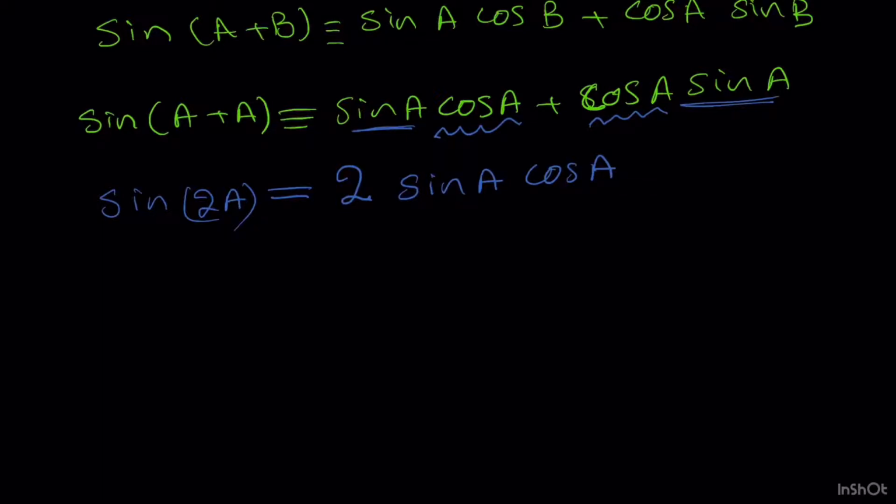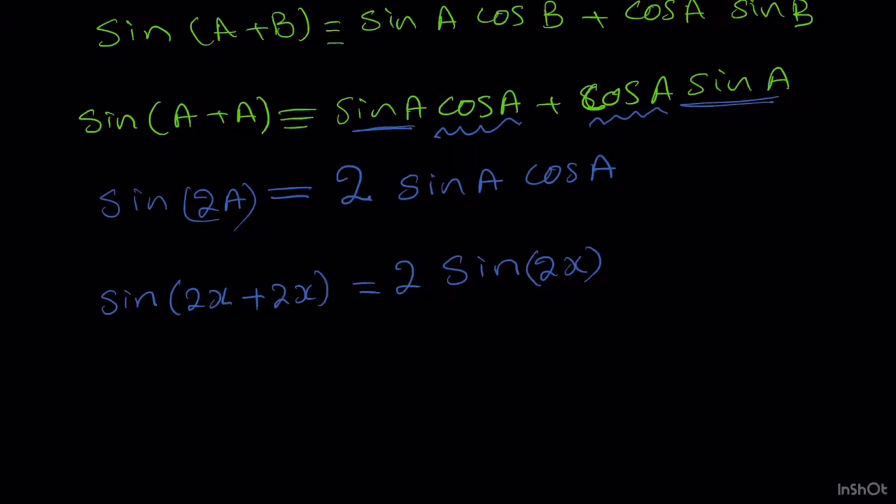Now, according to this, in the previous example we were doing, was the angle 2x or x? Oh, I forgot. If I go back, this will disappear, so I need to start again, so I'm just going to carry on. If the angle was 2x, then sine of 2x plus 2x equals 2 sine 2x cosine 2x.